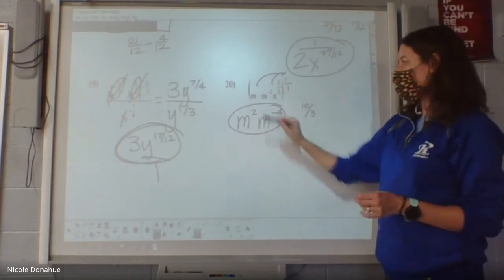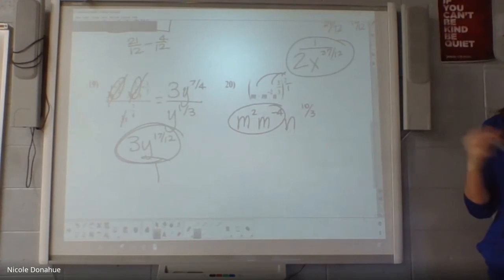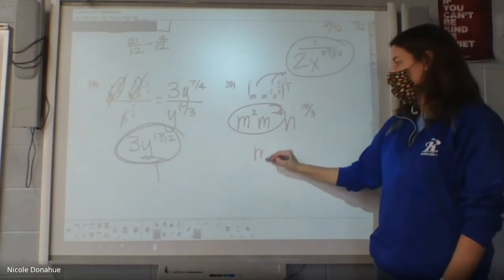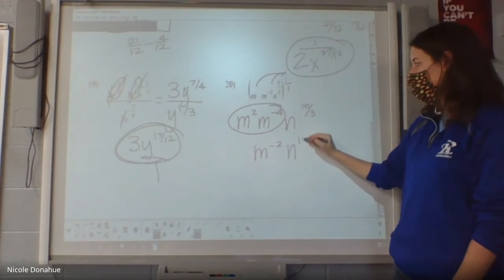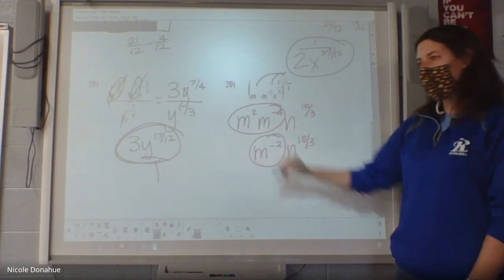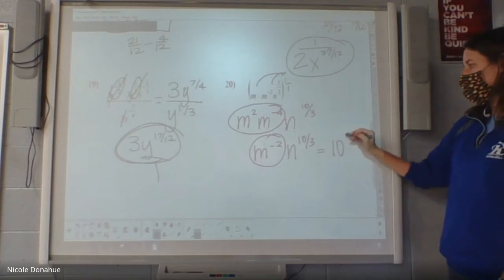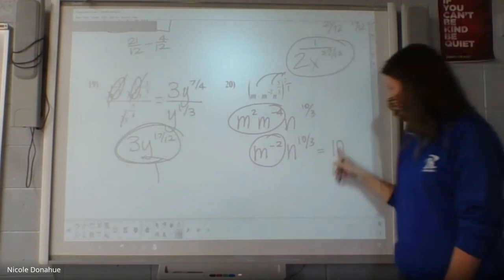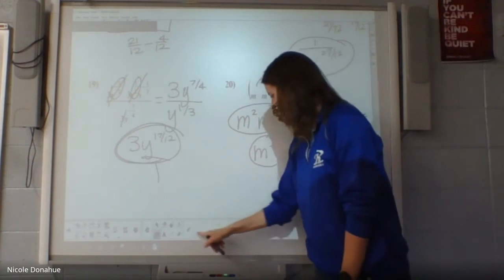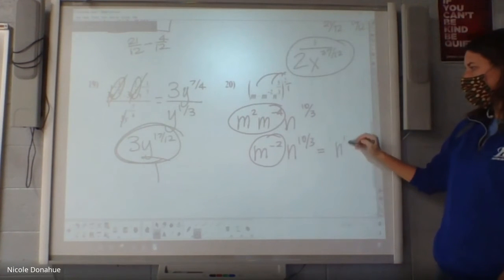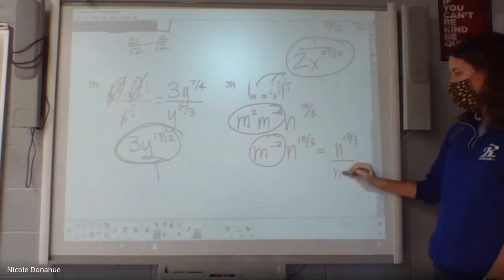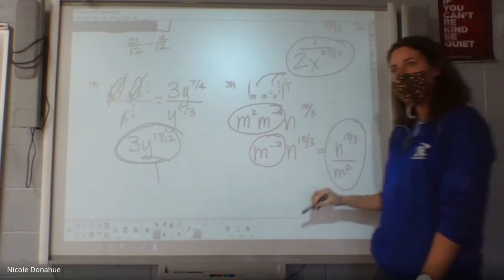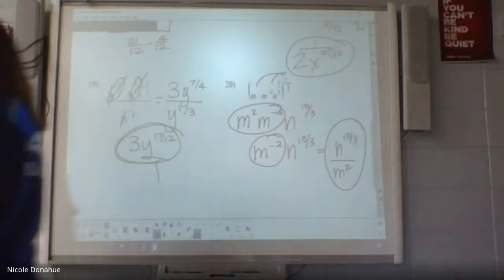These two get to go together, so that's going to be m to the -2. And then I don't like that negative exponent, so I'm just going to move it to the bottom. Oh, you just did an extra step, otherwise I would have had it. That's still okay, not wrong.